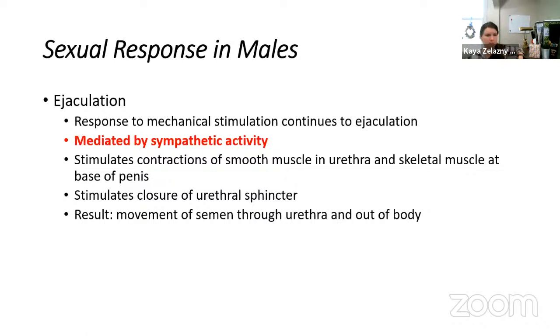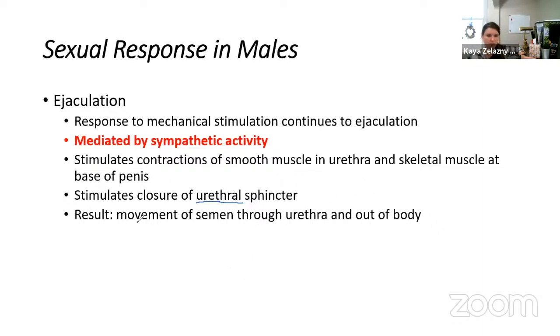This is fully mediated by sympathetic activity, so no parasympathetics involved, but we have continued contractions of smooth muscle. At the end of this, the urethral sphincter closes, so that we have semen moving through the urethra, but not urine.